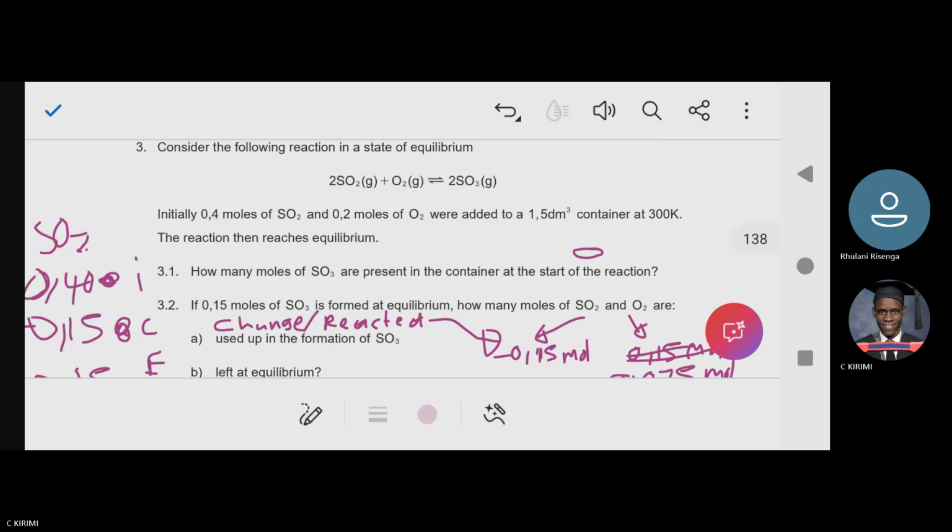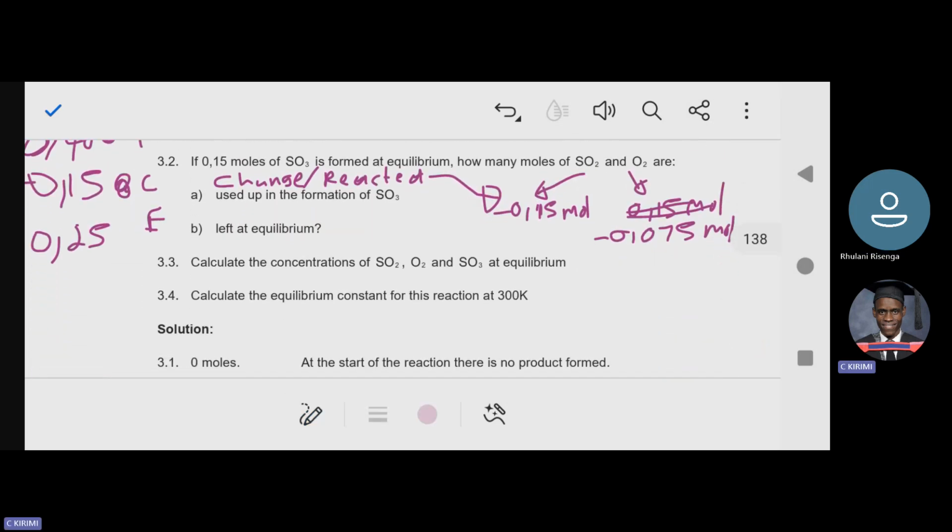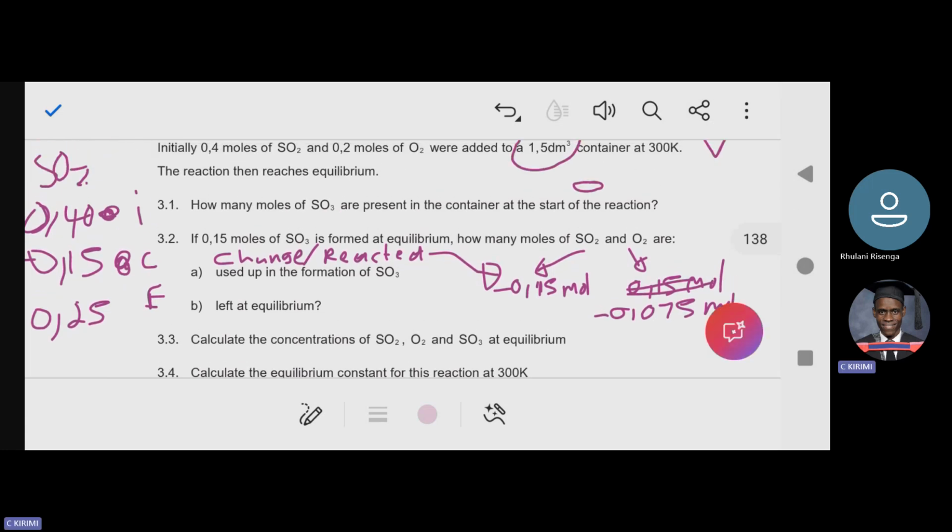So now you have all your concentrations. For sulfur dioxide, the number of moles at equilibrium, we found, is 0.125.